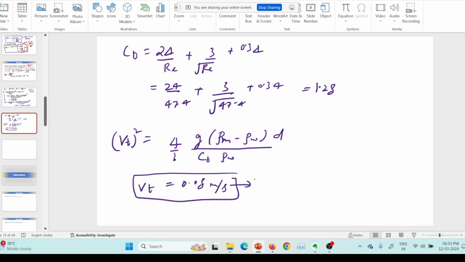But this is not the final. We'll again check RE and then calculate CD. We'll again do the same steps until the Vt value is the same 2 times. We will iterate it.